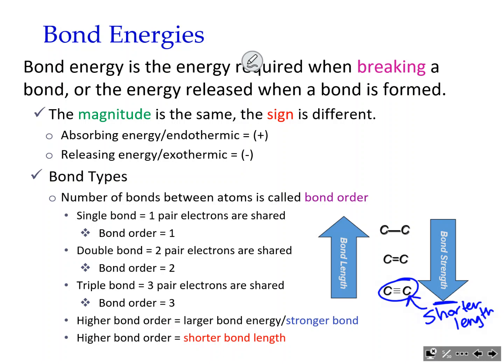So triple bonds are actually the shortest of the bonds, and single bonds are going to be the longest. Okay, in terms of the length. So if you have a longer length, your bond is going to be weaker. The shorter one is going to be stronger. And of course, double bonds fall in the middle of these general categories.